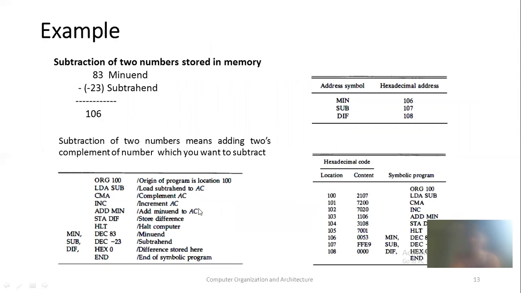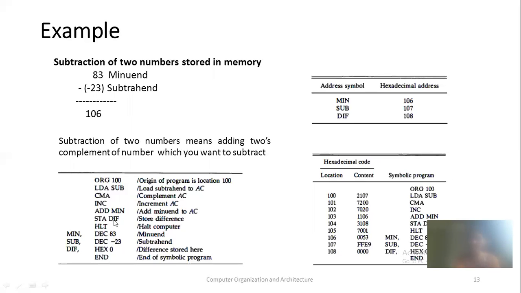In subtraction, you have used 2's complement. Whichever number you want to subtract, you have to first find out its 2's complement, and then add this to your first number. So we have first loaded from the SUB location, and found its 2's complement by complementing it and incrementing by 1, then added it to the first number.